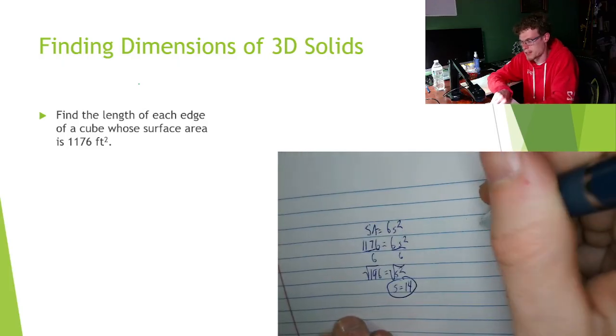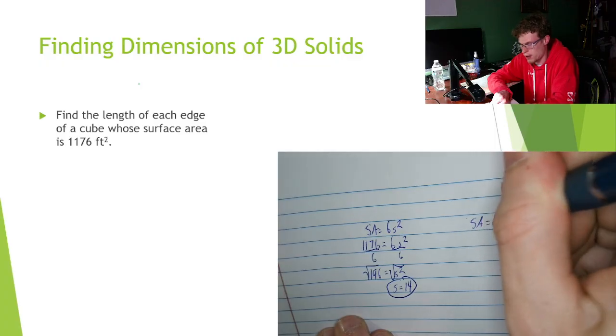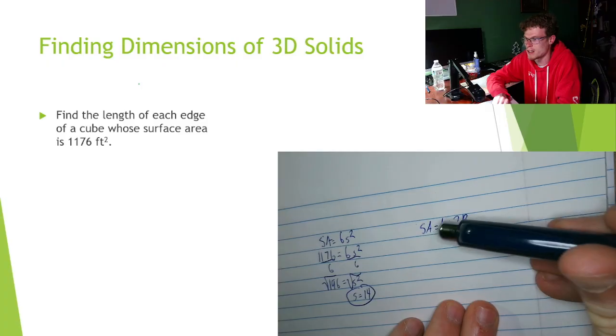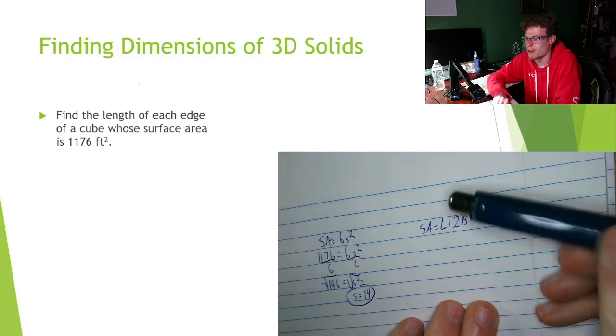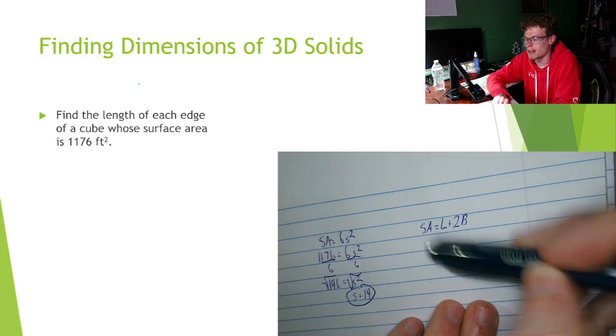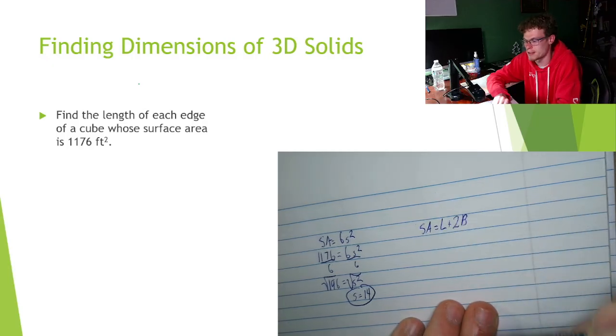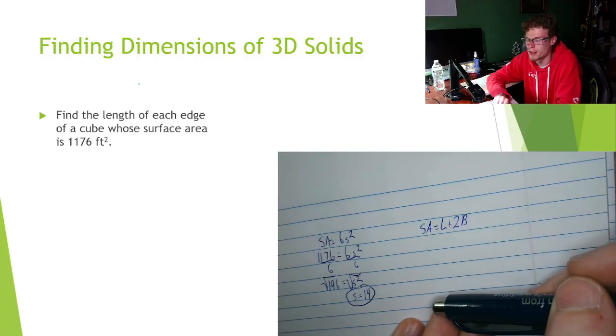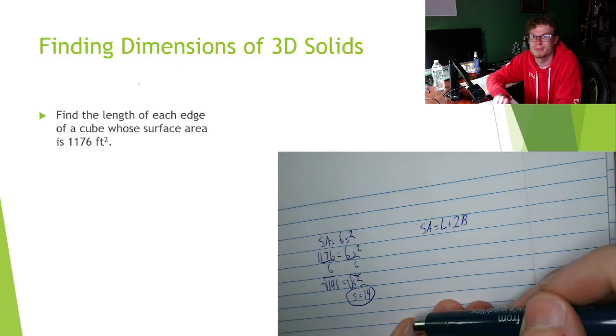And for example, if you have surface area equals L plus 2B, if you know the area of a base and the surface area, you can find L, the lateral surface area. So you can find a lot of different things just by knowing certain details about different shapes. Work backwards using the formulas that you know to get to the point you need to get to.